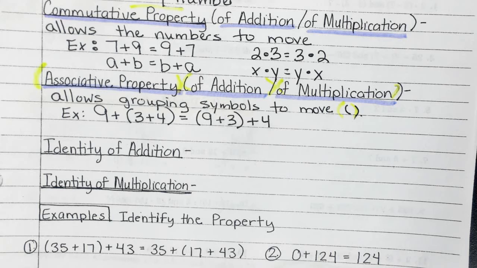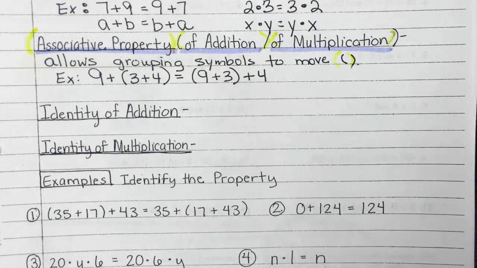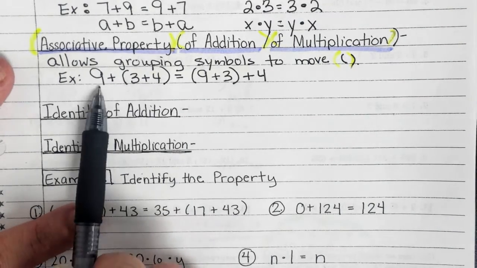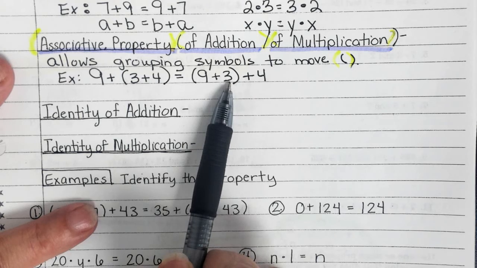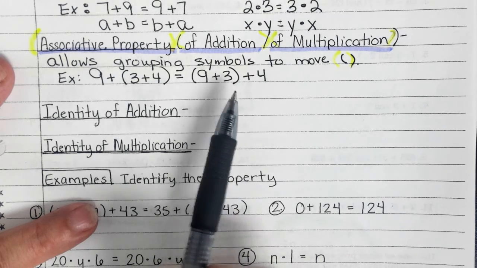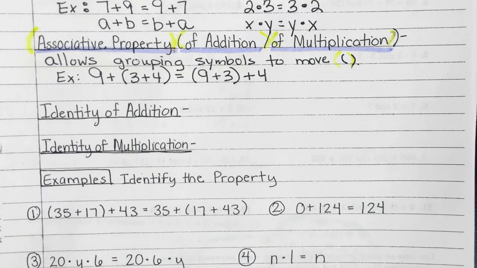But you would get the same exact answer. Here, if I did this first, 3 plus 4 is 7, and 9 plus 7 would be 16. Here, if I did this first, I'd get 12 plus 4, I get 16. It doesn't matter who you're associating with, moving parentheses around, you're getting the same answer.